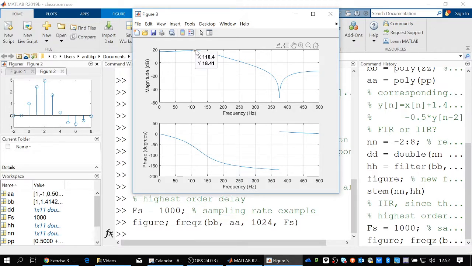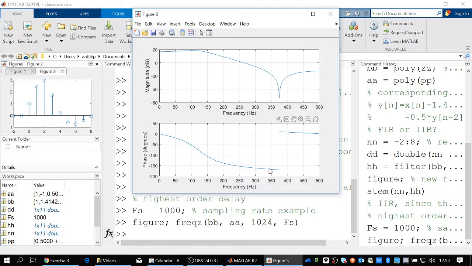However, this is an IIR filter. IIR filters never have linear phase response, as you can see here. So this is not linear, so it's non-linear. If it was linear, then it would be a straight line, just an angle K there, and otherwise a straight line.